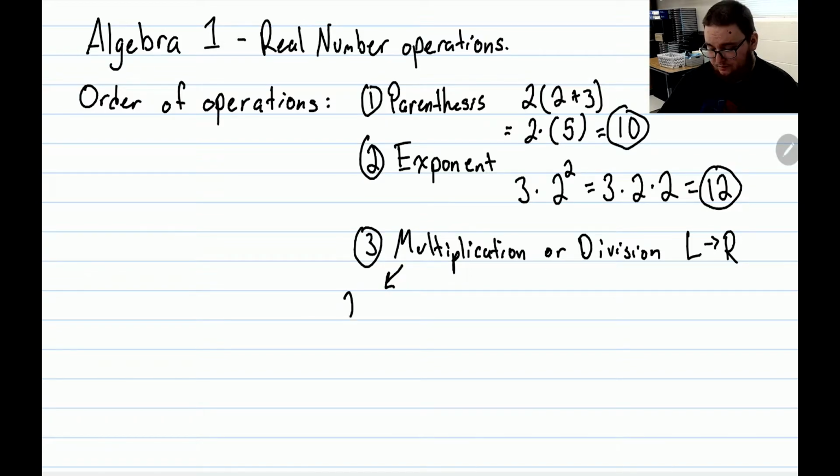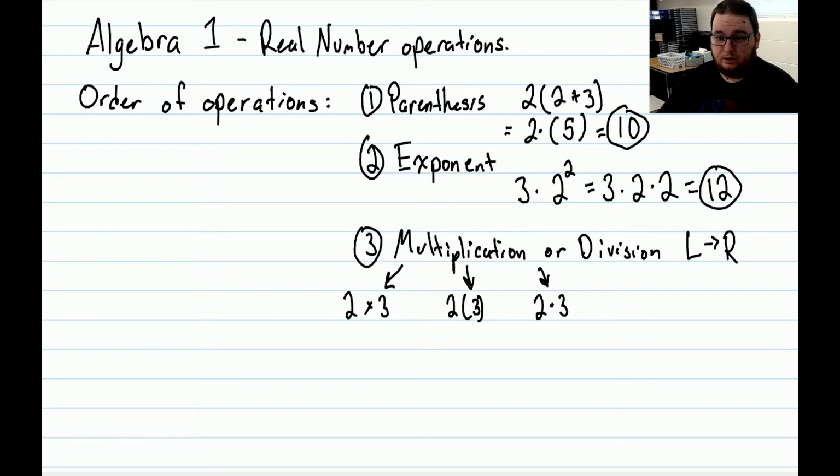We can have, for example, 2 times 3, or we can have 2 parentheses 3, or we can have 2 with a dot 3. All of those things mean exactly the same thing. So it's 2 multiplied by 3, or 2 times 3.